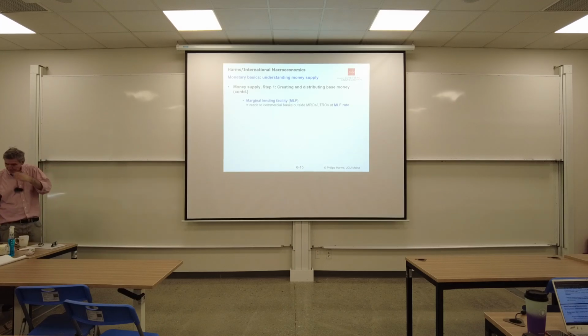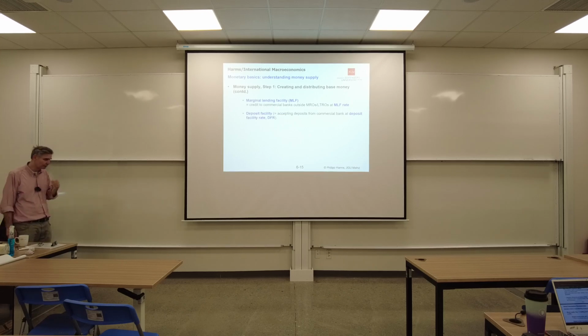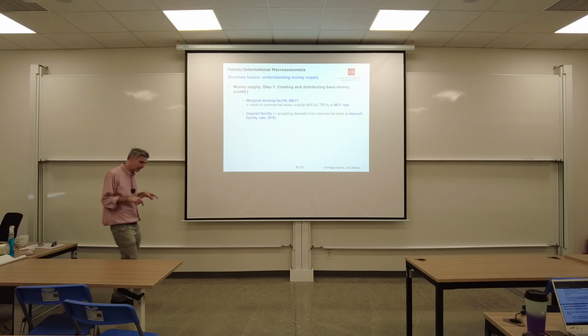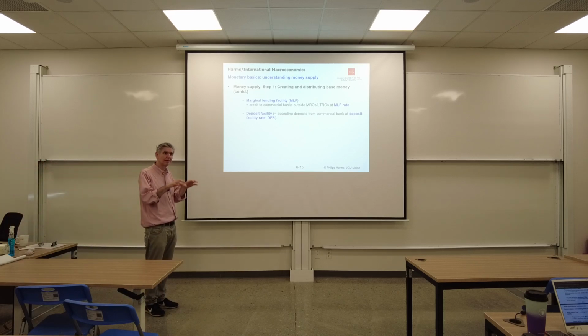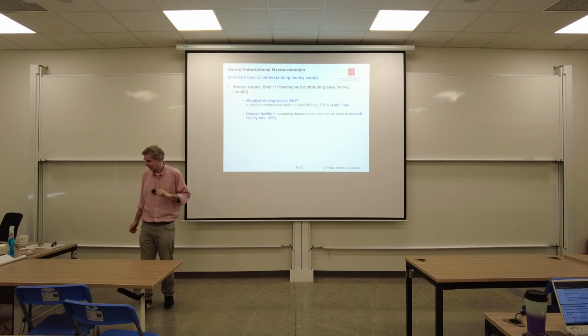There's also a thing called the marginal lending facility, which is credit to commercial banks outside the MROs at the marginal lending rate. And then there's a thing called the deposit facility, which means that commercial banks can deposit liquidity at the central bank, and they may actually earn an interest rate on that. That's the so-called deposit facility rate.